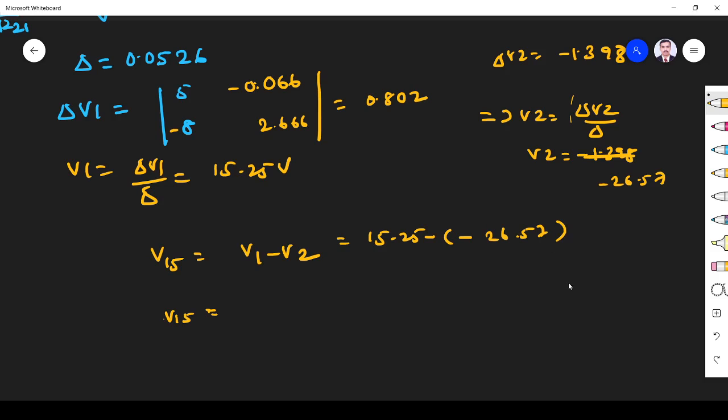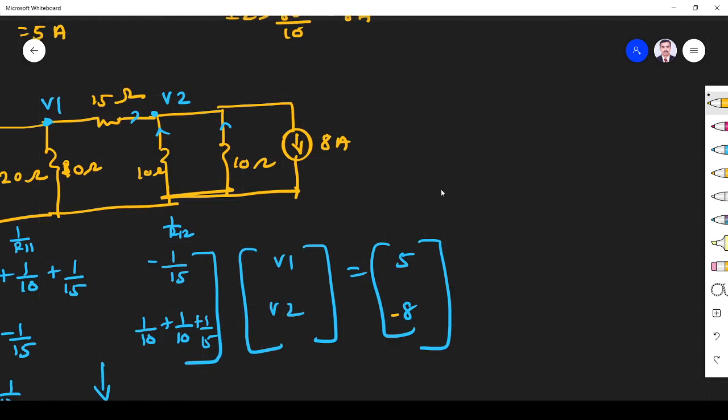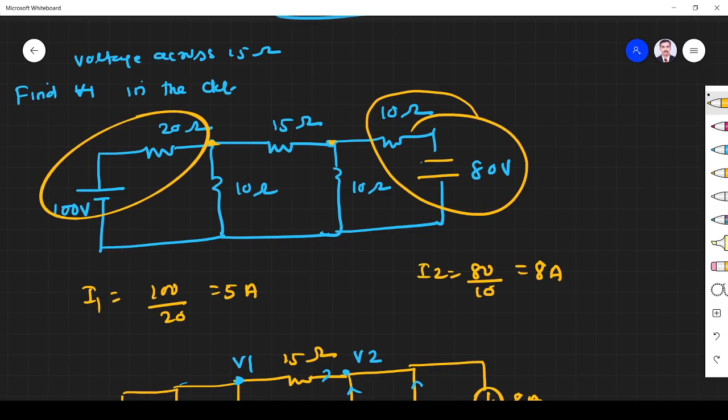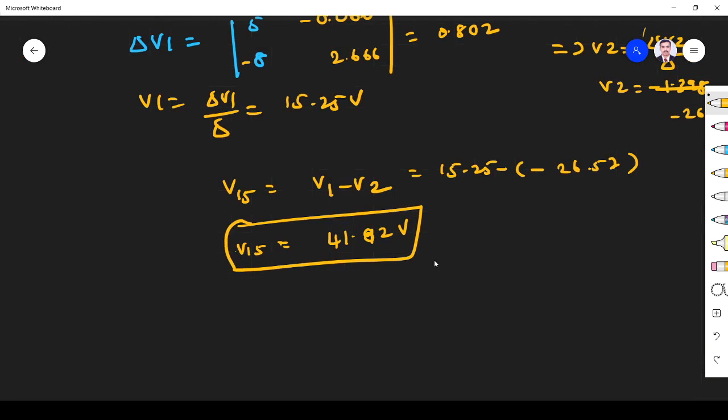So it will give 41.82 volt, right? So what is the question? Find voltage across 15 ohms. So 41.82 volt. Simple problem.